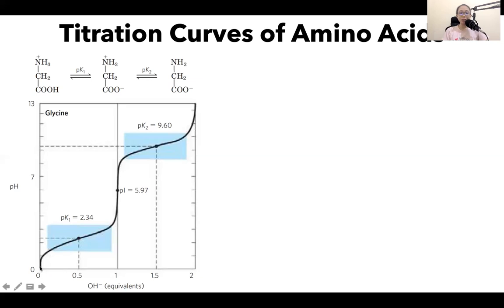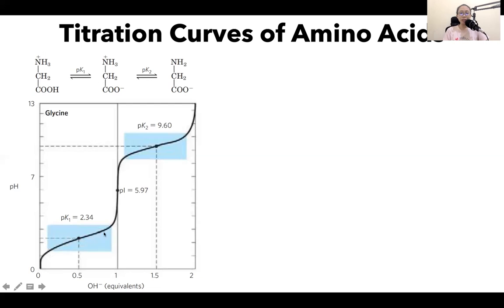Then we see a slight increase in pH, and then we see the buffer region due to the first dissociation of glycine. So the components in this buffer region include the Zwitter ion and the positively charged glycine.